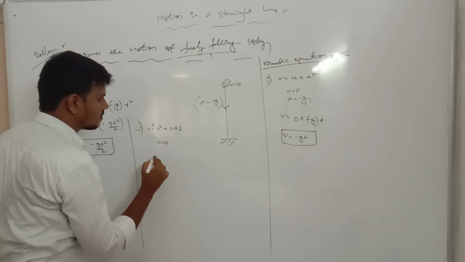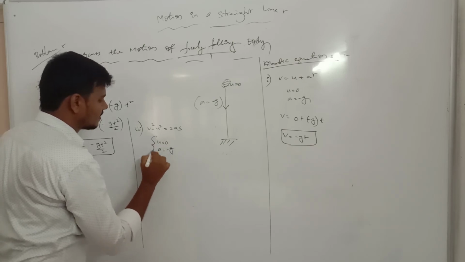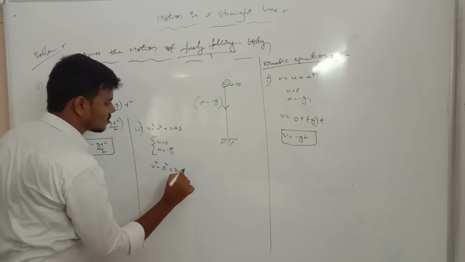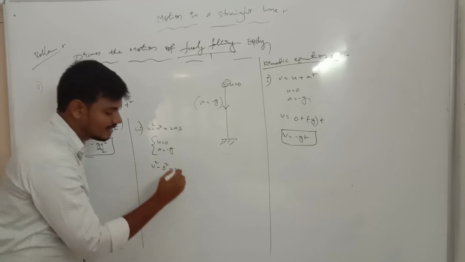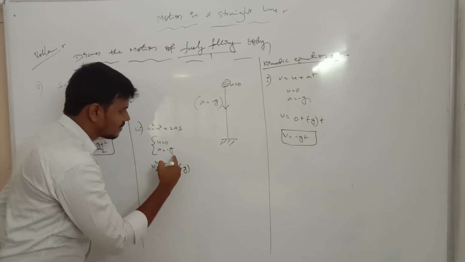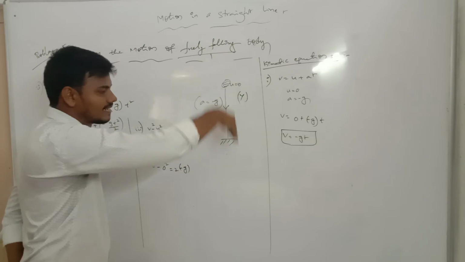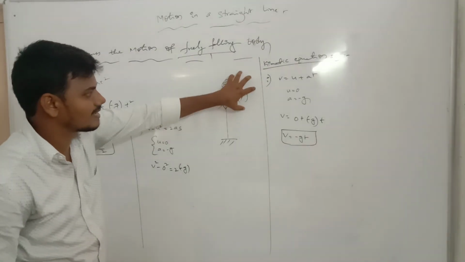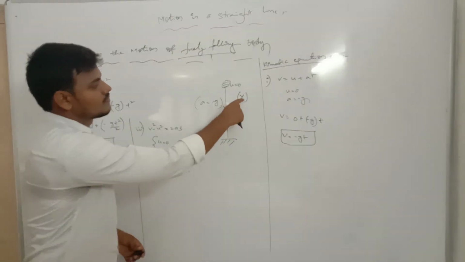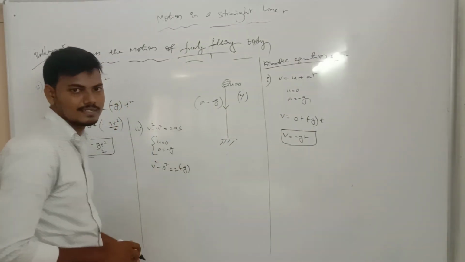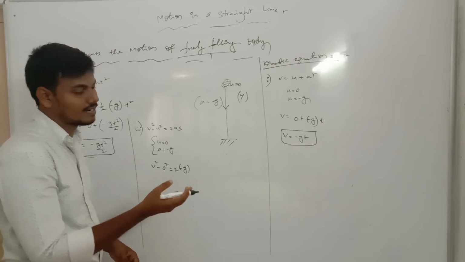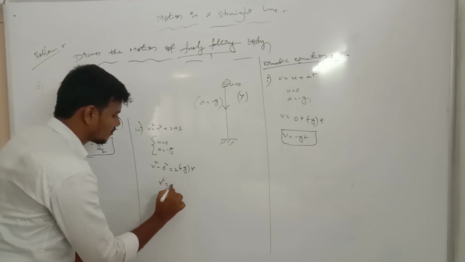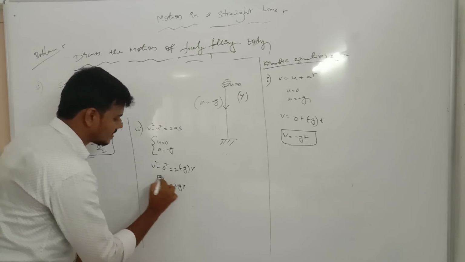Substituting u is equal to 0 and a is equal to minus g: v square minus 0 square is equal to 2 into minus g into s. Here we always take the y direction, since we consider only vertical direction, the y axis. S means displacement in the y direction. Now v square is equal to minus 2gy. So this is the third equation.